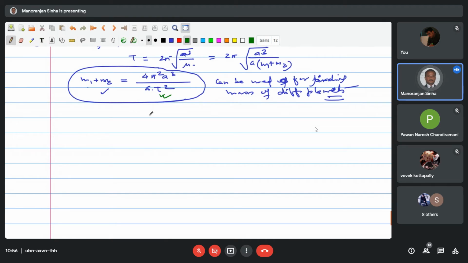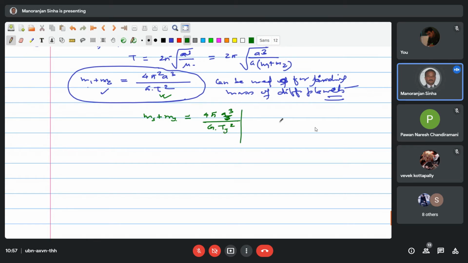Here M Sun plus M Jupiter equals 4 pi square A Jupiter whole cube divided by G times time period of Jupiter square.